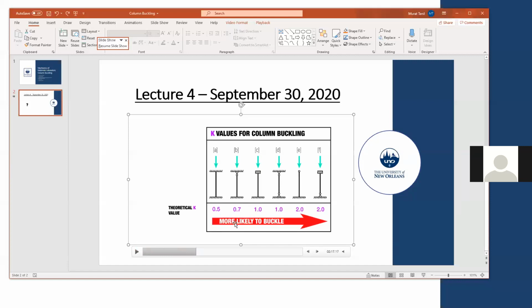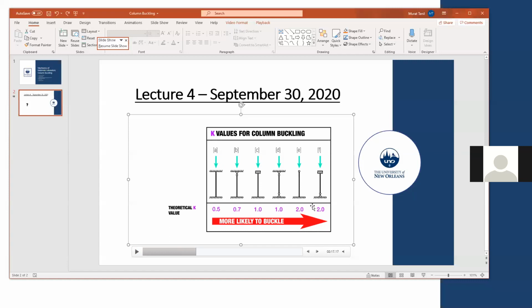If you look here, if you increase the K value, it will be more likely to buckle. So if it's fixed, you have the stronger column against buckling. If it's fixed on one end and pin on the other end, it will be more likely to buckle compared to the first scenario.